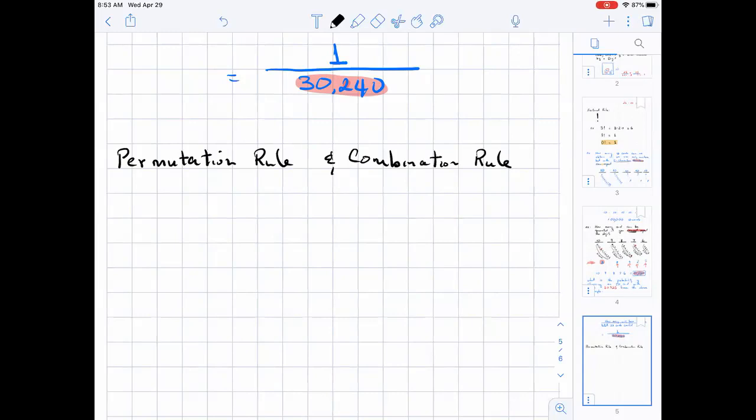So when we say order matters, what does that mean for permutation?